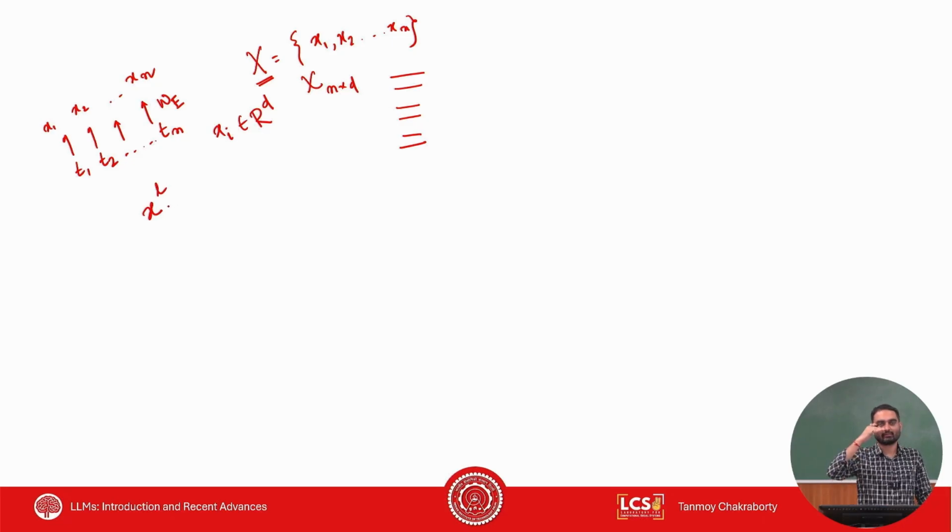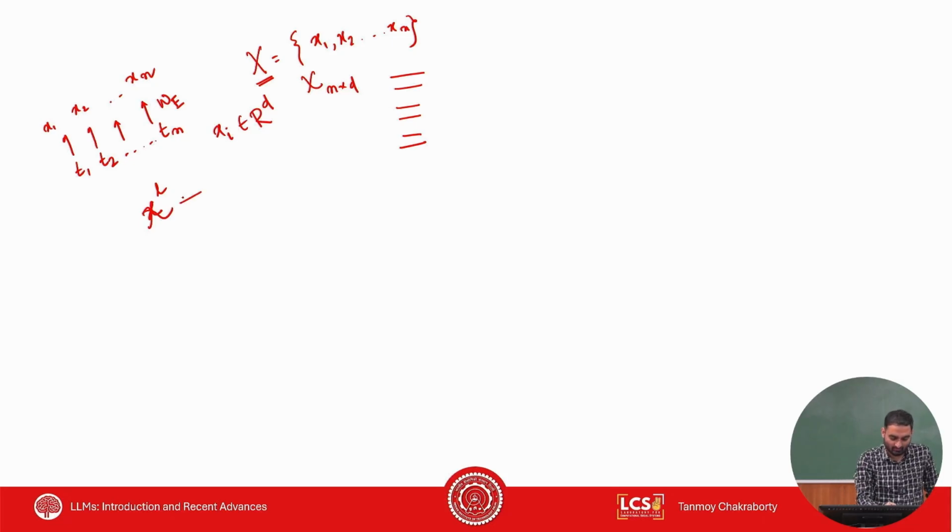Now remember, this X matrix gets updated after every layer, right? In the residual stream view, your input is the X matrix. This will be processed through attention, this will be processed through the feed forward network, and things will be added to the actual residual stream. So X will be updated after every layer. So for every layer L, we have this X matrix which will be updated, right?